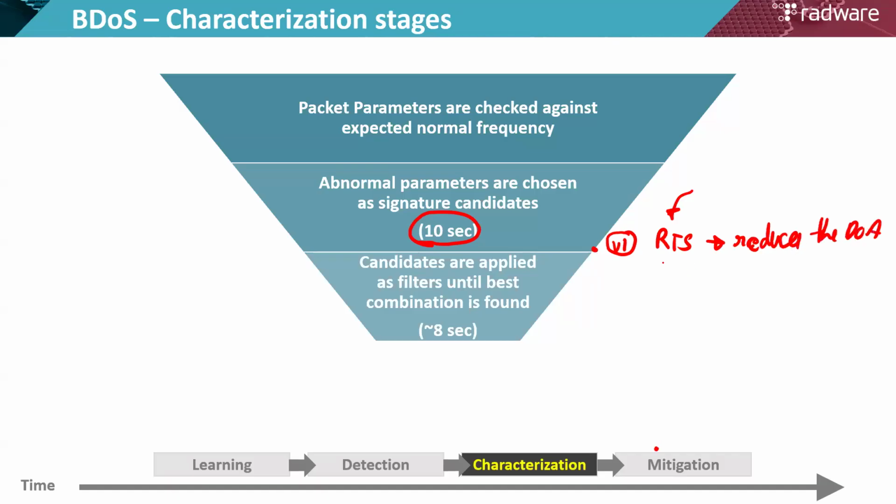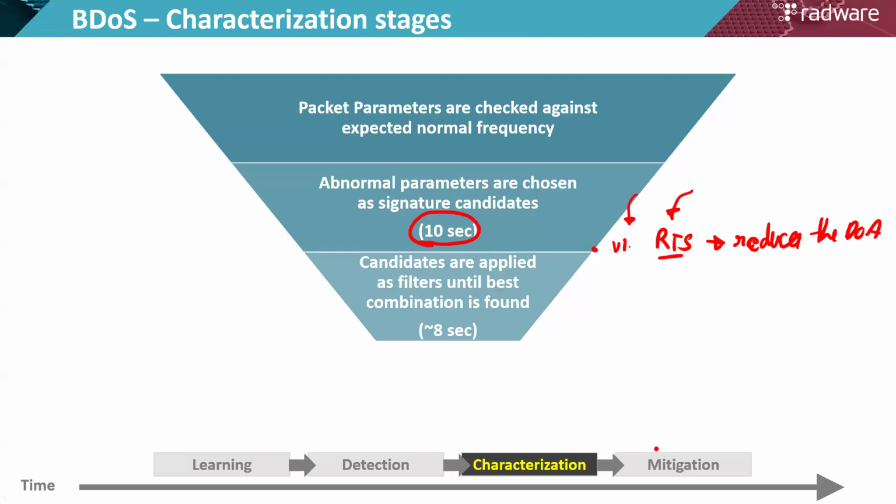We work with different combinations of the parameters, and logical expressions, to come to the best RTS. So the initial RTS is created first of all, the mitigation starts from this point, but for the next 8 seconds, we will check the best combination, whether this RTS is the best or whether we can come close to the next best RTS.